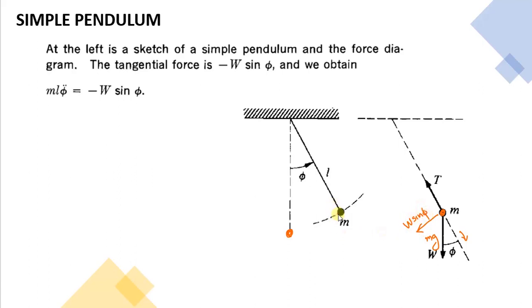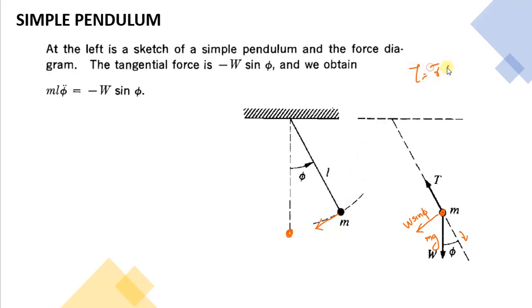Now this w sin phi acting in this direction will exert a torque. So it will try to rotate the pendulum here. Now what is the torque? Force into the perpendicular distance, r cross f. Torque is r cross f.